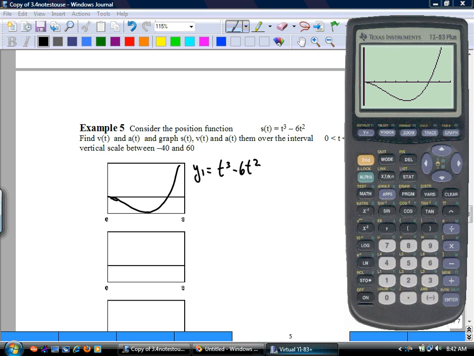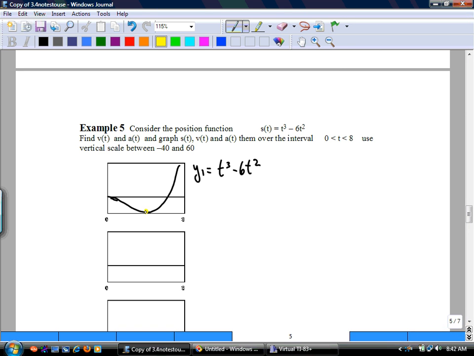So I am asking you to take note of where this point is. Just put a circle around it. Why is that point interesting? Zero slope. That's where it starts to change direction.